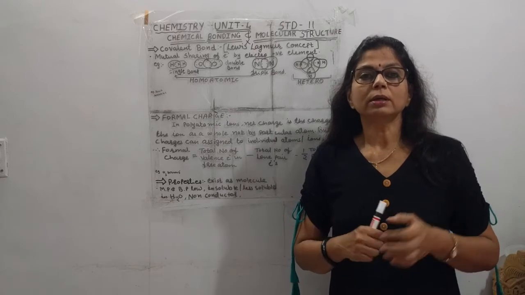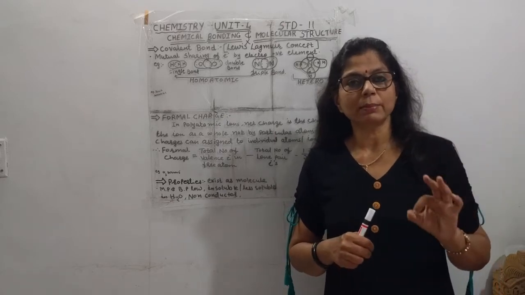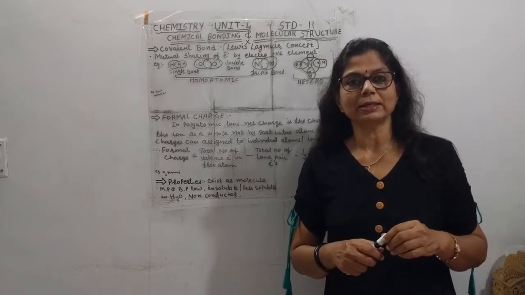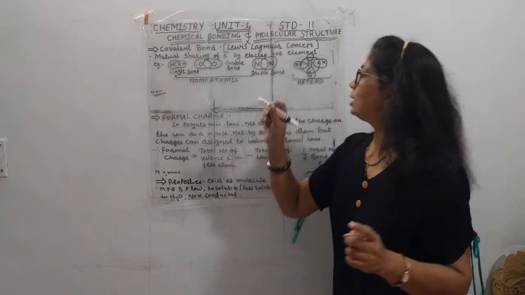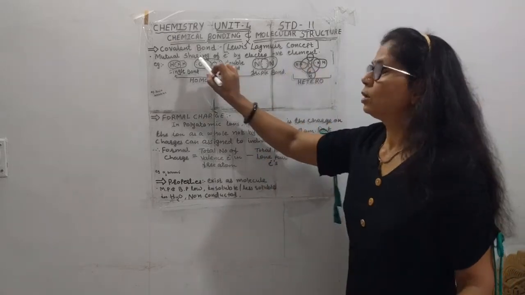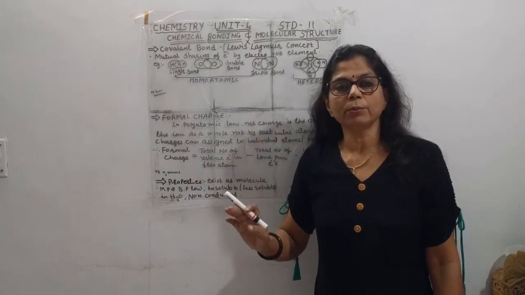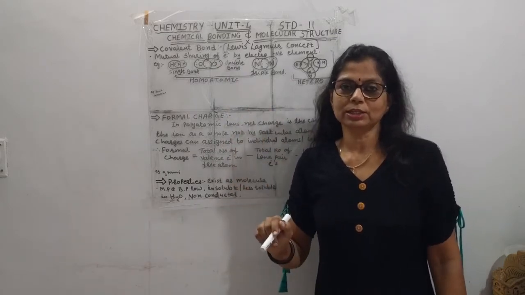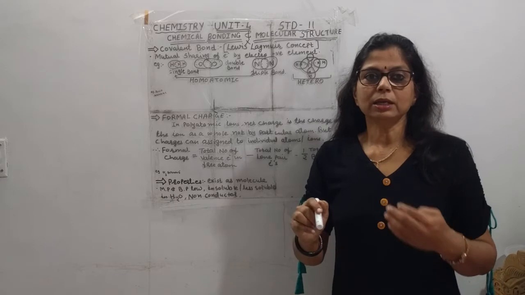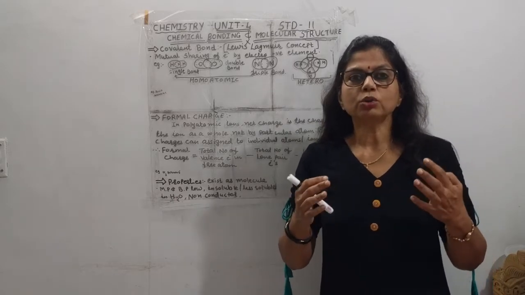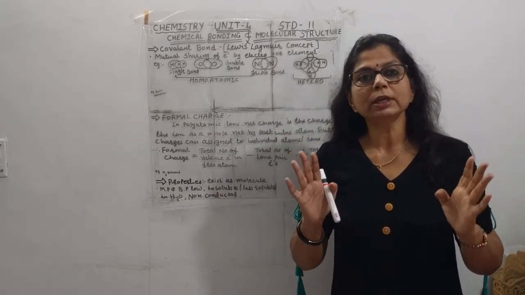So here we are talking about electron deficient elements. That's why we can say that a covalent bond is always formed between electronegative elements, students, and it is a mutual sharing. Both are needy for the electron.